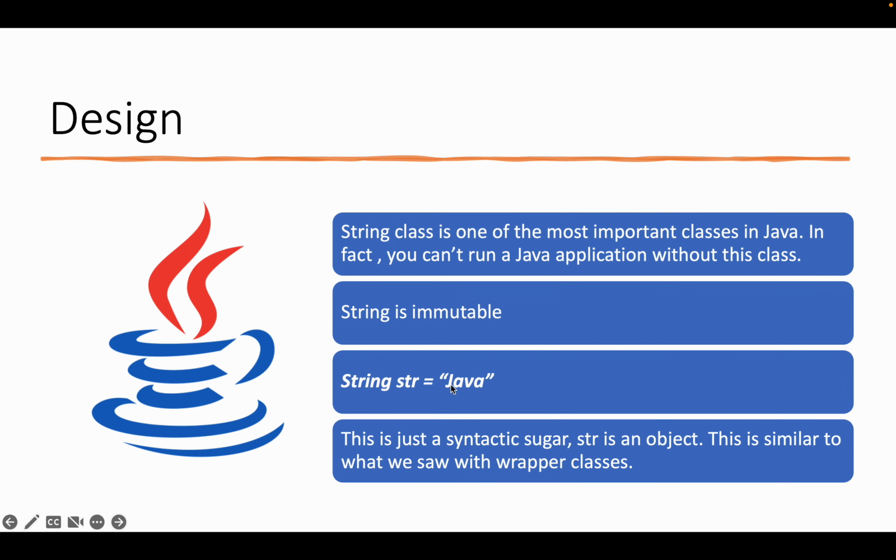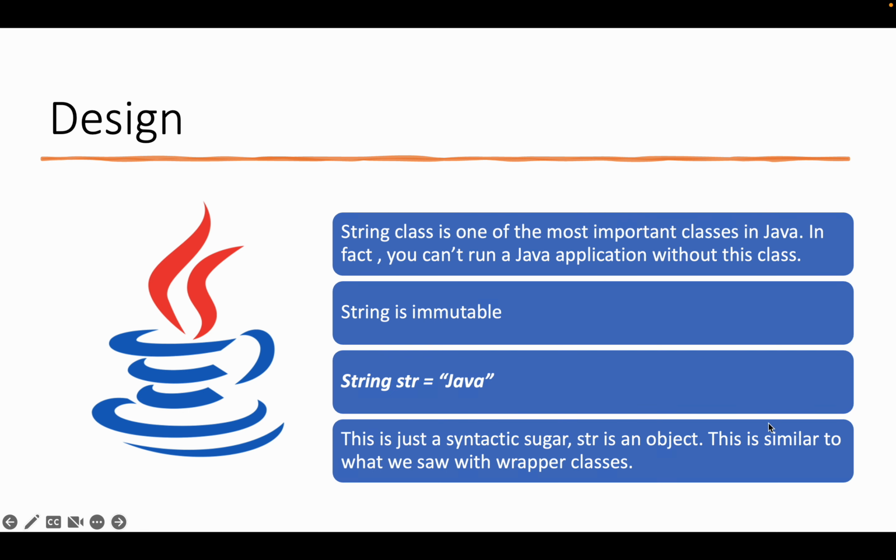Another important thing we see with string is that to create a string object, you don't require the new keyword as you would with other classes. Just saying String str = "Java", under the hood an object will be created for you. It will be stored, because this is a string literal, in the constant pool, and this is just syntactic sugar, and str is an object.